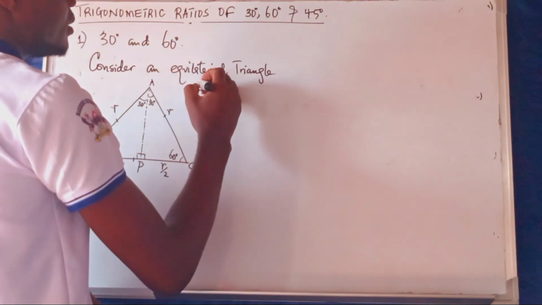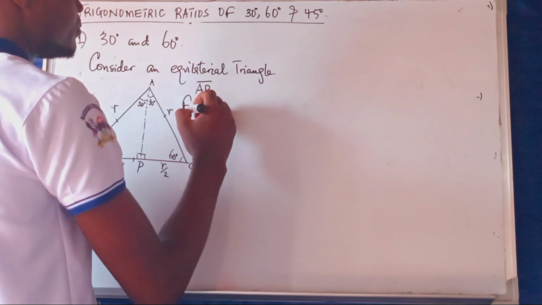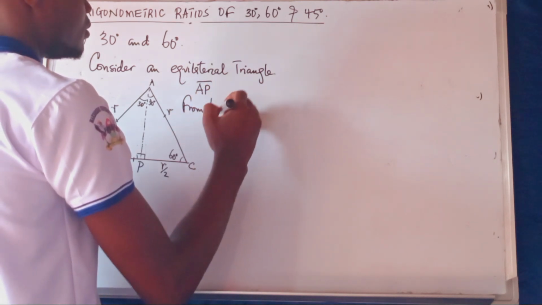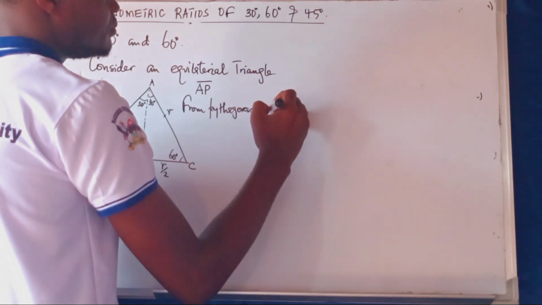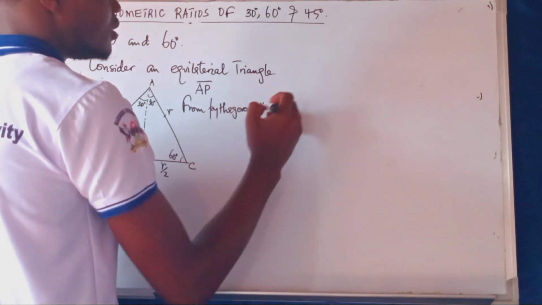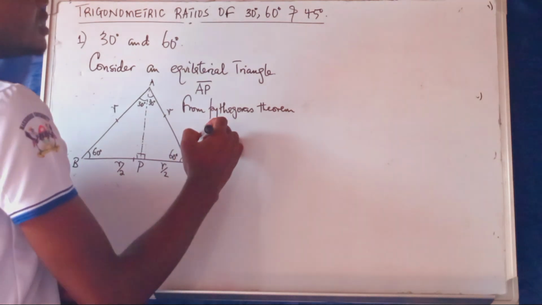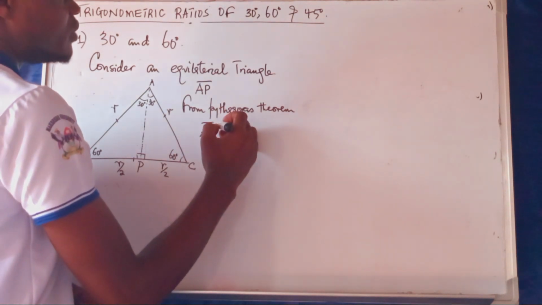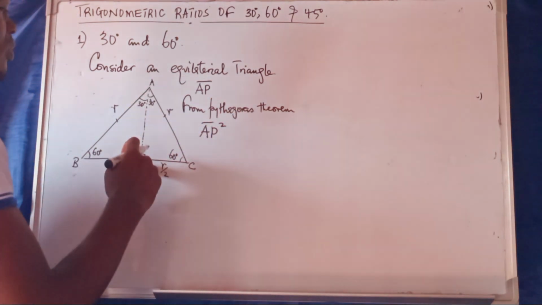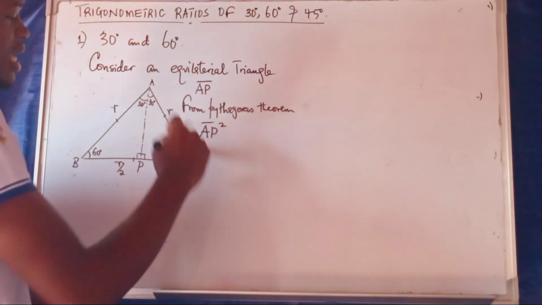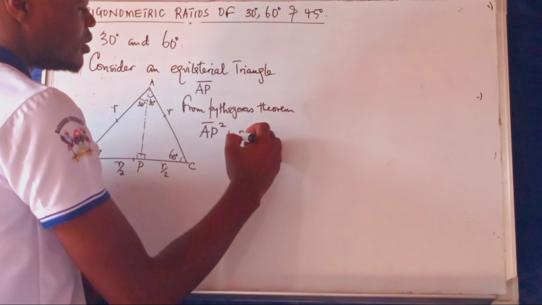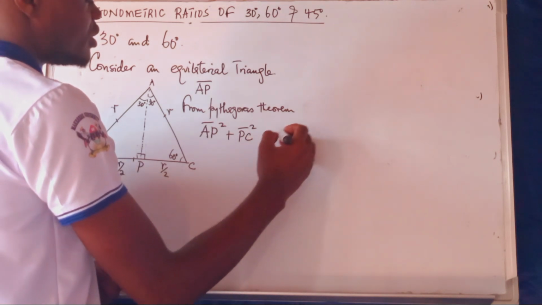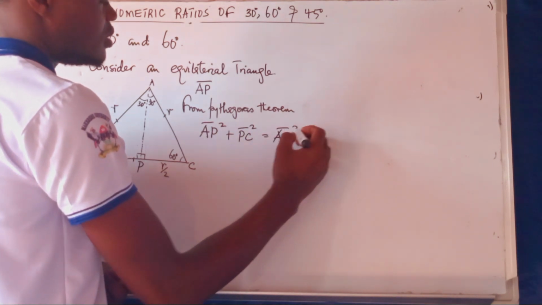From the Pythagoras theorem, AP squared plus PC squared is always equal to AC squared.